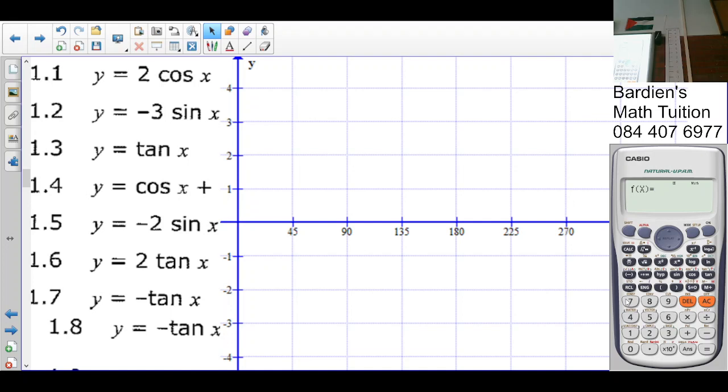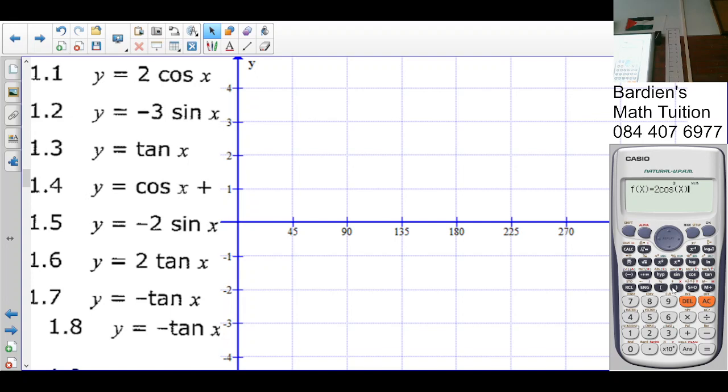Now, we're going to enter the function, which is 2 cos x. You see in maroon here, can you see that, people? So I press the alpha button, x, close.